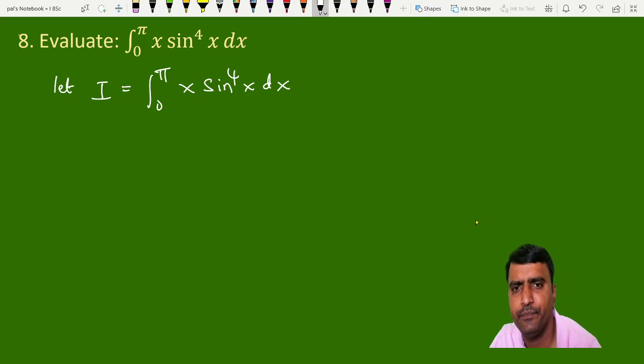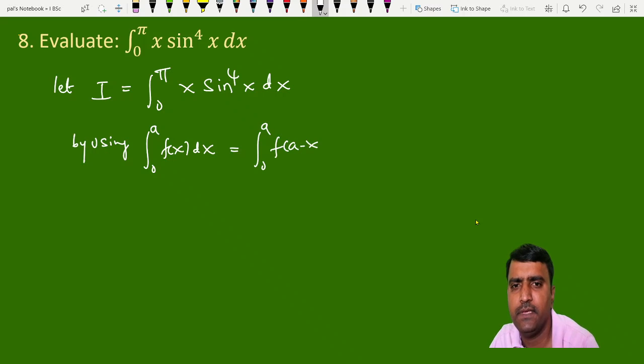Here I am using one property of the integrals. That property is like this: integration from 0 to a of f of x dx can be written as integration from 0 to a of f of a minus x dx.